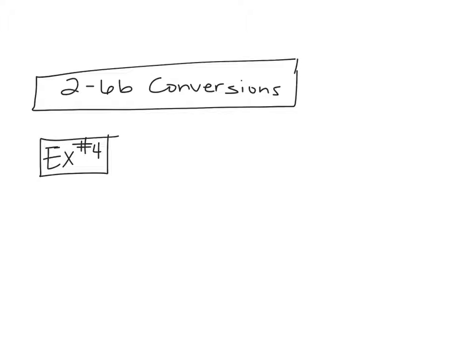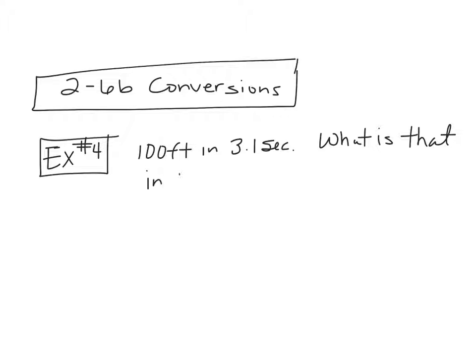The question is this: if an athlete ran a sprint of 100 feet in 3.1 seconds, I want to know what speed they were running in miles per hour.